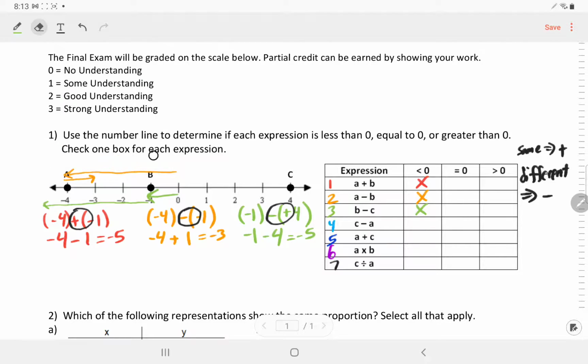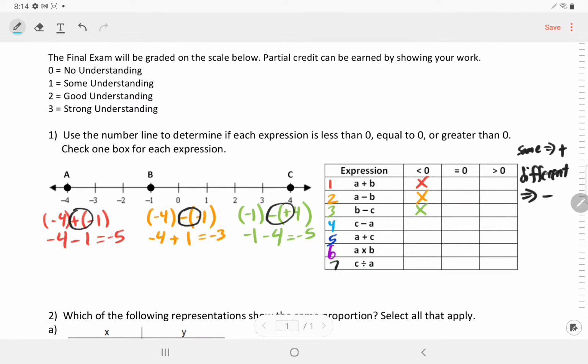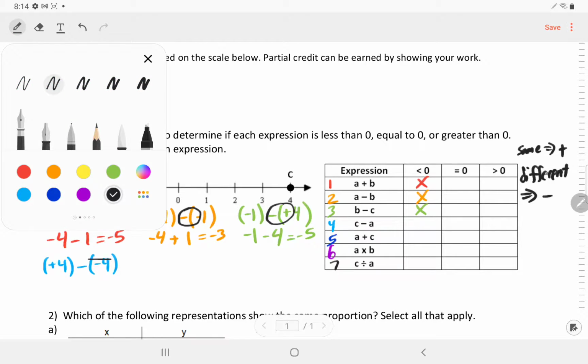Now I'm going to the next 4 problems. So c minus a. C in this case is positive 4. And minus a, which is negative 4. So pay attention to the signs in the middle.